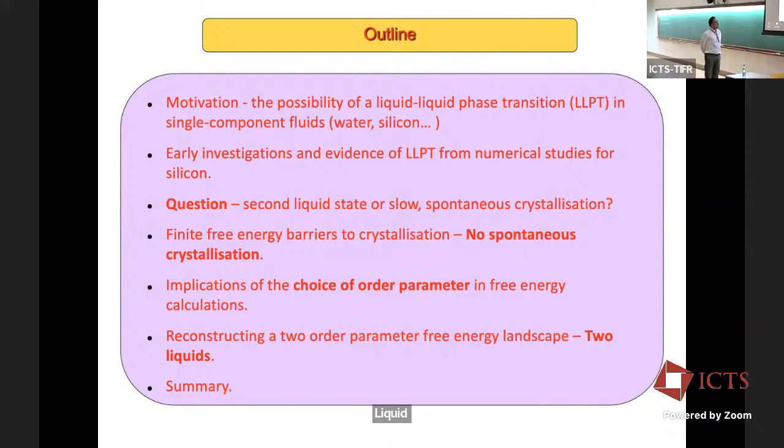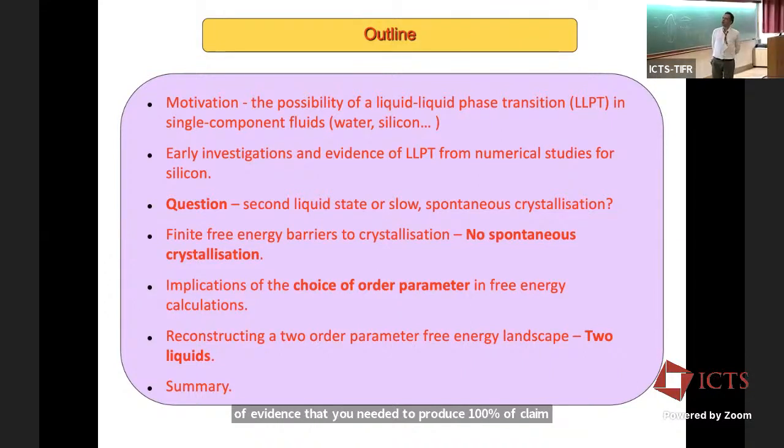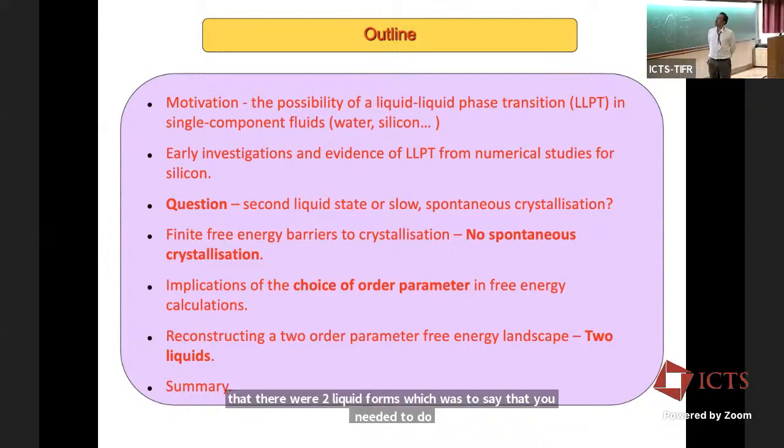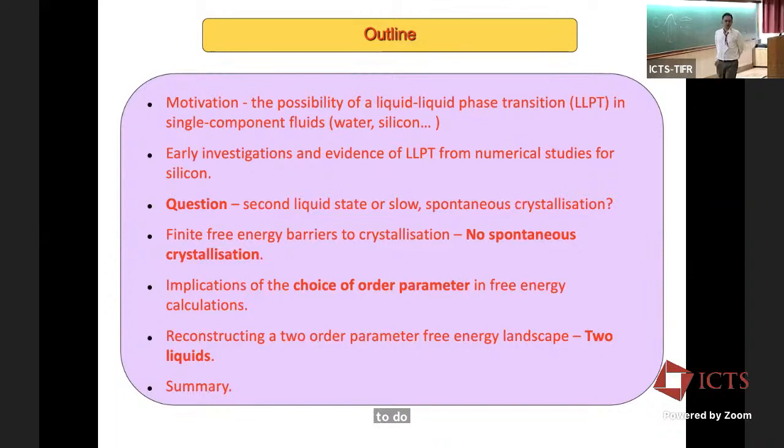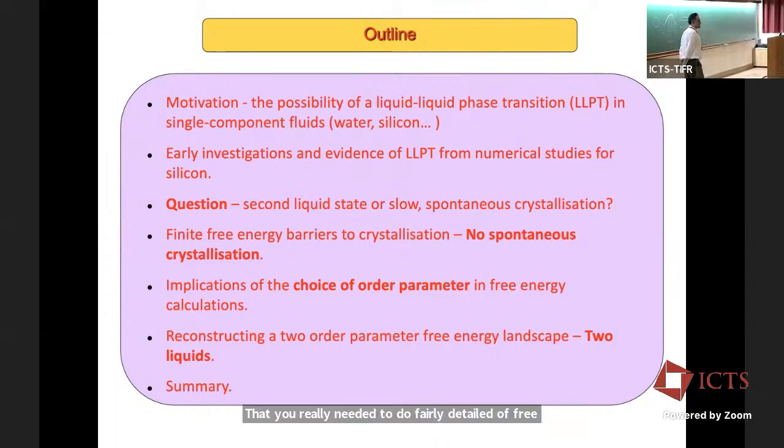And the people who raised these questions also raised the bar on the kind of evidence that you needed to produce to claim that there were two liquid forms, which was to say that you needed to do fairly detailed free energy surface calculations and show the existence of free energy minima that are associated with the different liquid states in order to claim that there's a liquid-liquid transition.